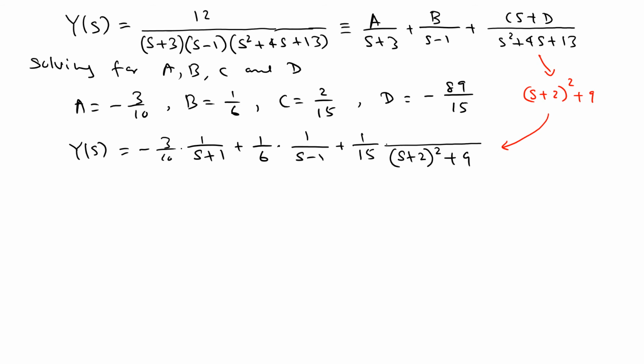How you're going to handle that is to create the s plus 2 term here so that it matches with that. Once you do that, you get 4 extra, that means you have to subtract that. If you subtract another 4 from 89, you're going to get 93.